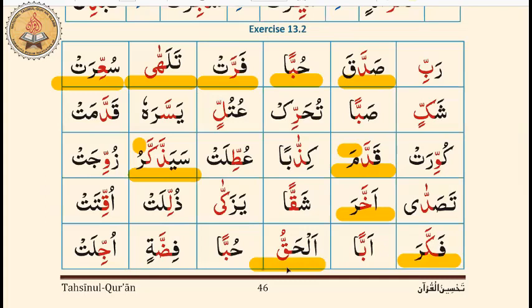Al-Haqqu. Brilliant. So again, this is an example of the case that we're looking at today, where it's just fatha, dhamma, or kasra at the end. So we've got dhamma here, and also shadda. So how are you going to read it when you're pausing? Al-Haq. Yeah, again.